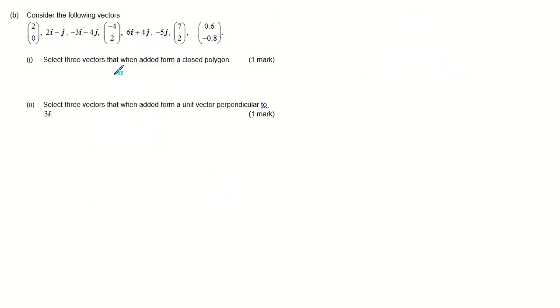Select three vectors that when added form a closed polygon. So it's three vectors, it's got to form a closed triangle, which means that they basically add up to 0. So we're looking for three vectors that add together to give us 0. Now we may need to spend a little bit of time looking at this to get this to work.